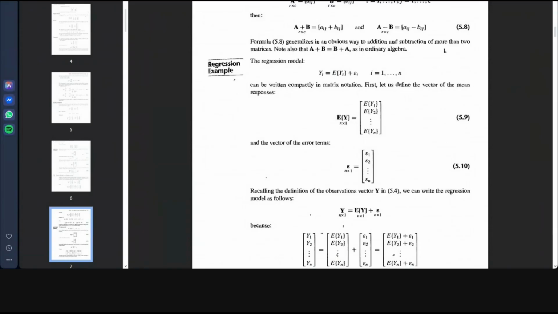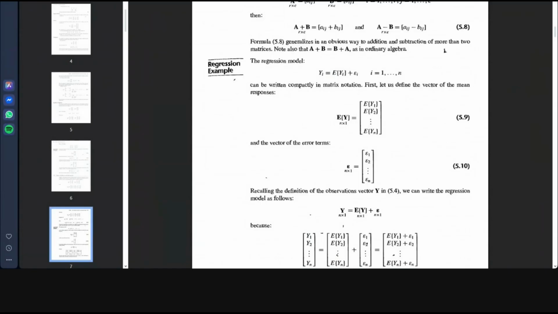So if you look at the notation here, E(yi), these are the individual means of all the heights of the n people. See? Stacking all of them together gives you the vector EY. So the definition of a vector of means is quite intuitive.